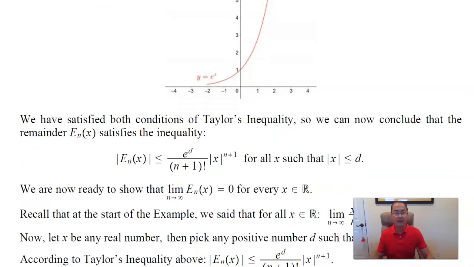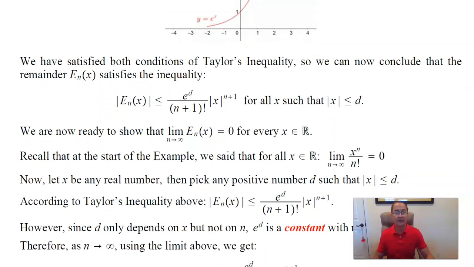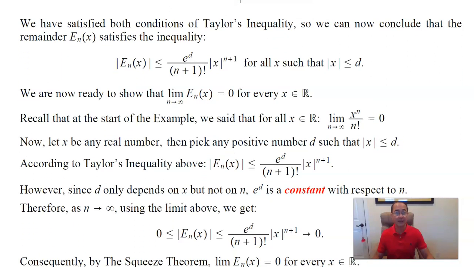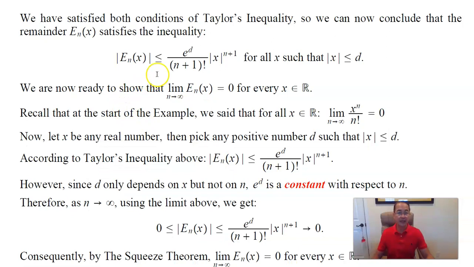So now, Taylor's inequality says that the absolute value of the error, E sub n of x, is at most e to the d, that's our capital M, over n plus 1 factorial, times the absolute value of x to the power n plus 1. But now we said that the limit as n goes to infinity of x to the n over n factorial is 0.